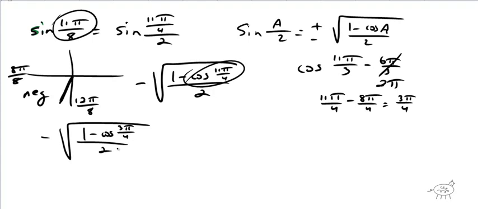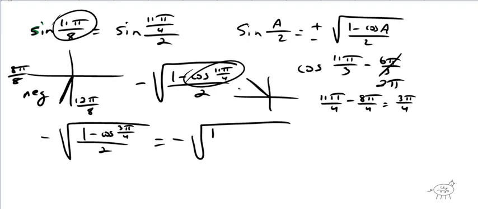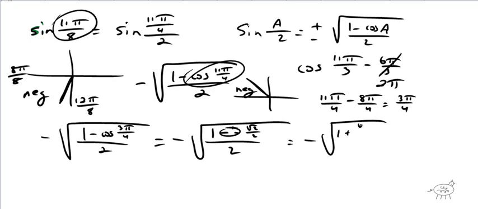I mean, 11 pi over 4, I don't know what that is. Just shrink it down to reduce it. Okay. So we have negative square root of 1. Now cosine of 3 pi over 4, again, now we're over here. And what's cosine here? Cosine's negative. So it's 1 minus a negative root 2 over 2 over 2. So that makes that positive. So we get negative square root of 1 plus root 2 over 2 over 2.